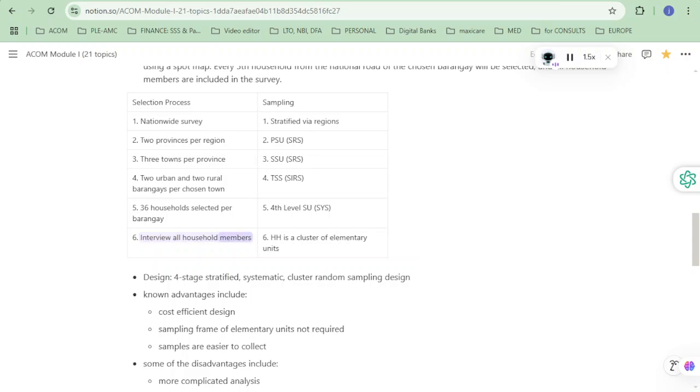Interview all household members. The household is a cluster of elementary units. Design: 4-stage stratified, systematic, cluster random sampling design.